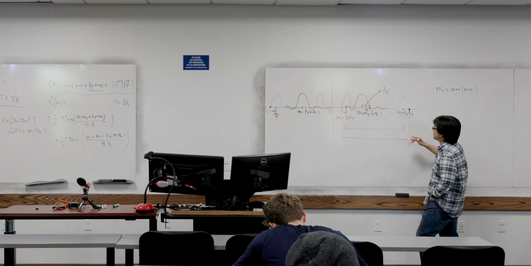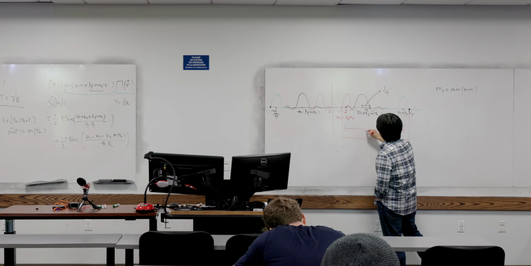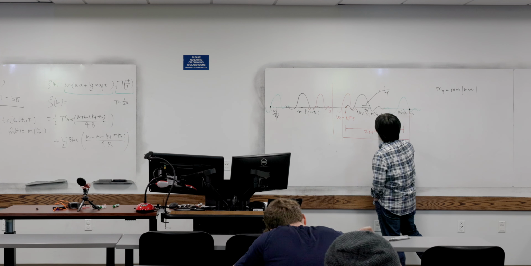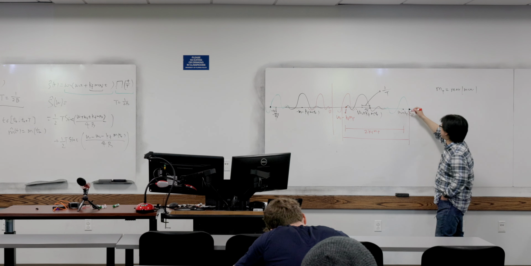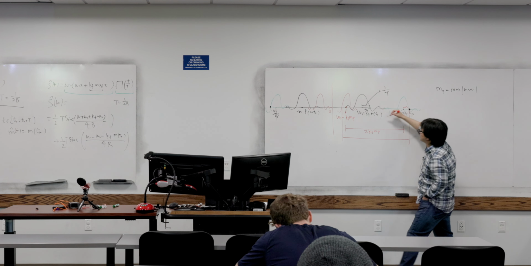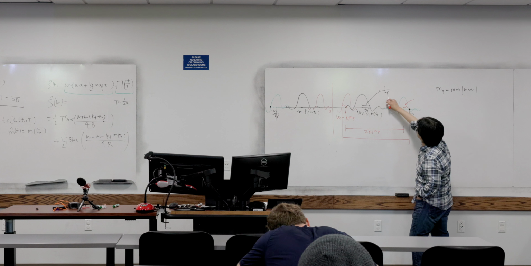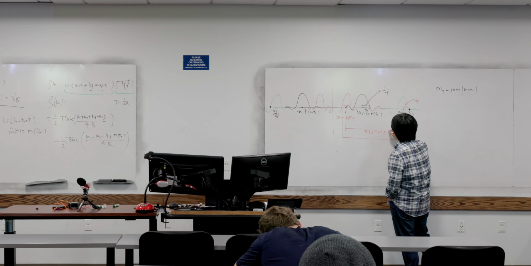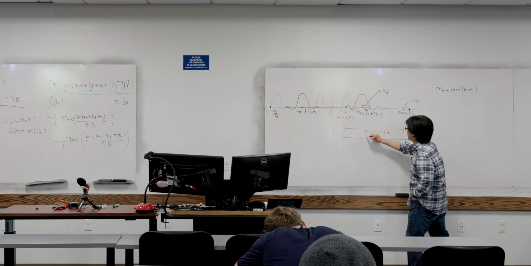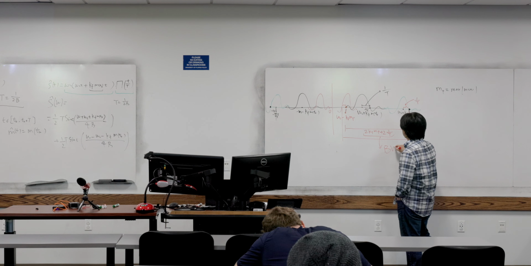The difference between this and that is 2 k f MP. Then we need to add this part and this part, where the length of each is 1 over T. We just need to add 2 times 1 over T, and that is a good estimate for our bandwidth.